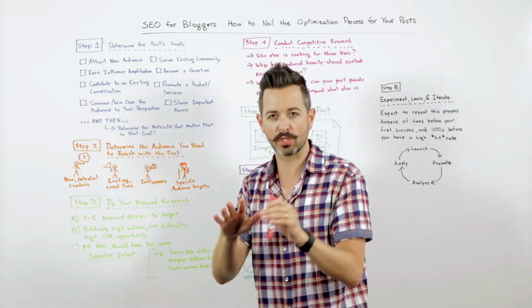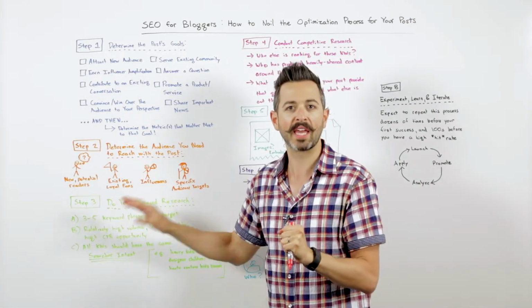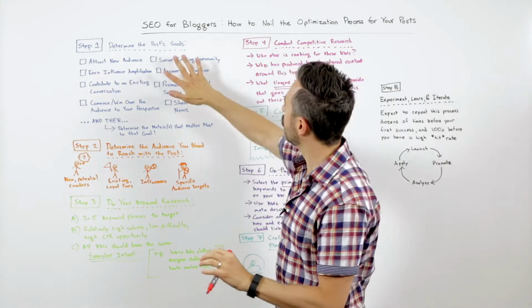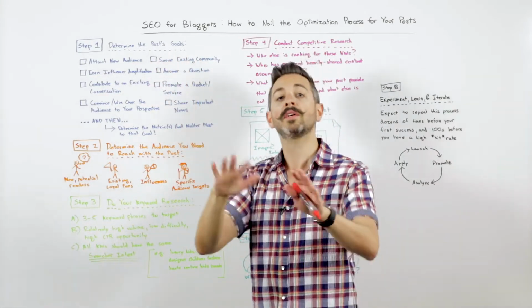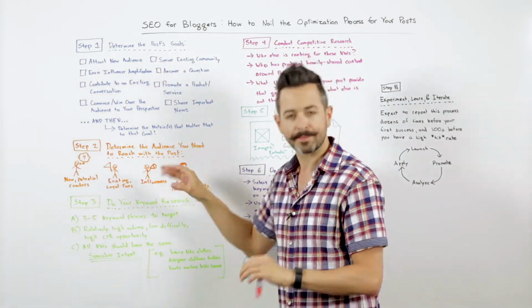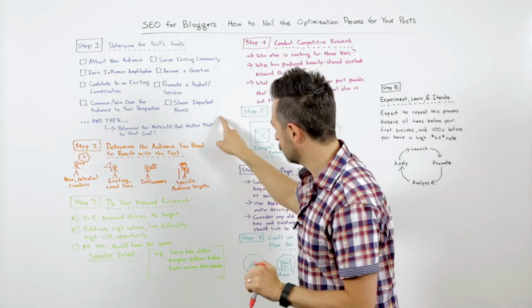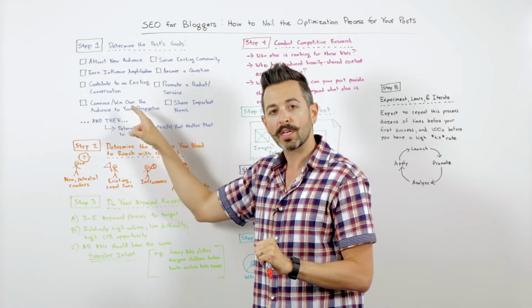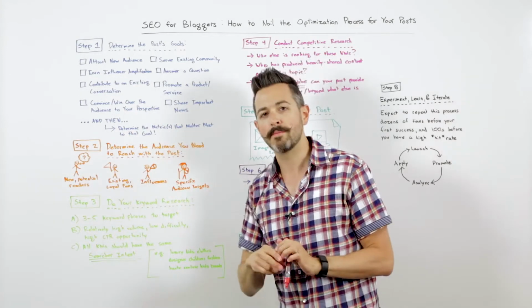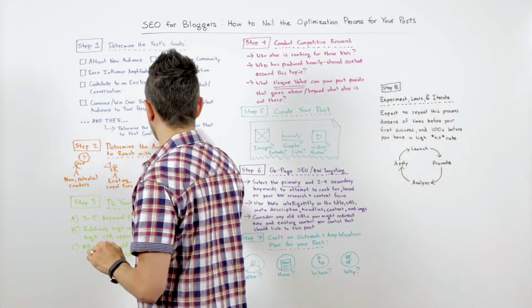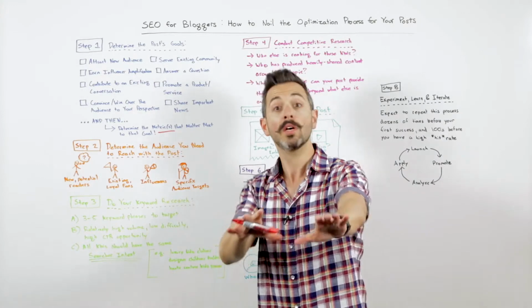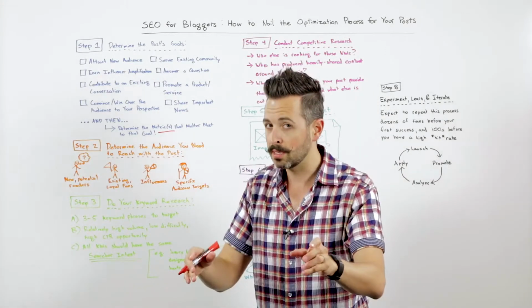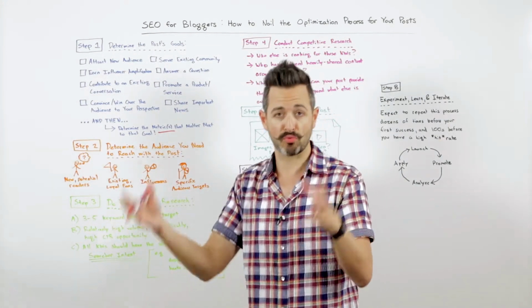I hate to see folks starting with step 3, like doing keyword research, when they have no idea what the post's goals are. One thing before we skip to step 2: once you know what you're trying to do here, determine the metric or metrics that matter the most to that goal. So for example, a metric could be visits, right? Just raw traffic.